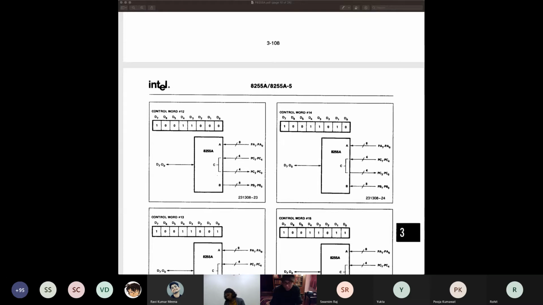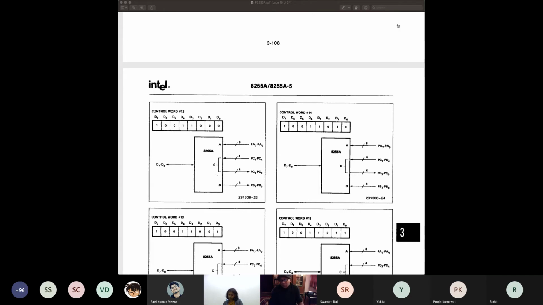So an 80-bit output port. It is basically meant to drive 10x8 LEDs in a matrix, to make any pattern come here. Any pattern, that means 10x8 LEDs.